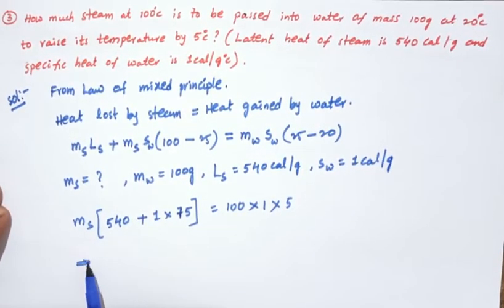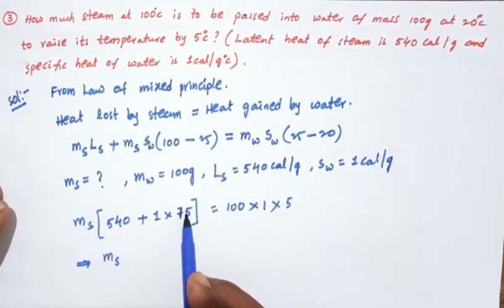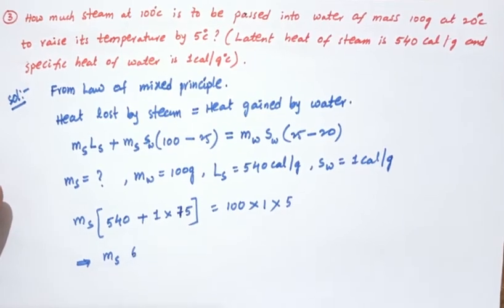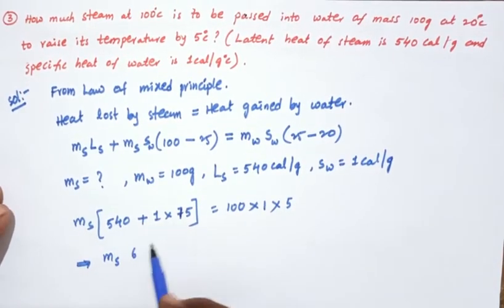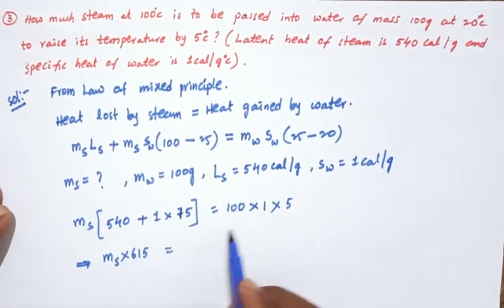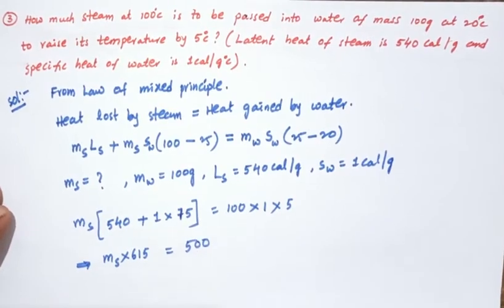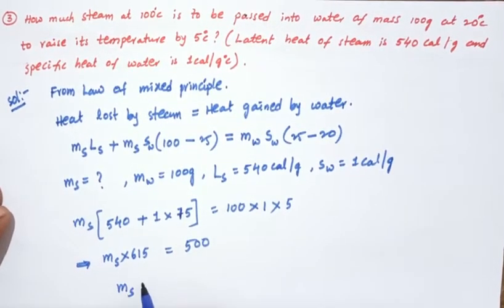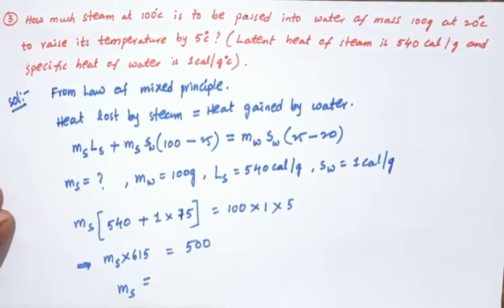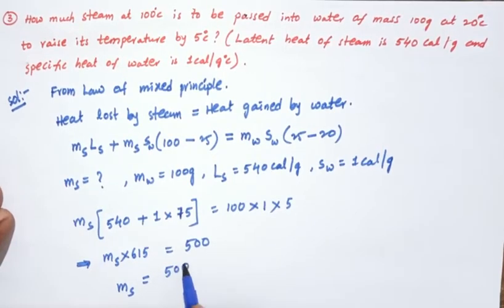So from this, ms into 540 plus 75, that is 615, equals 500. So the mass of the steam ms equals 500 divided by 615.